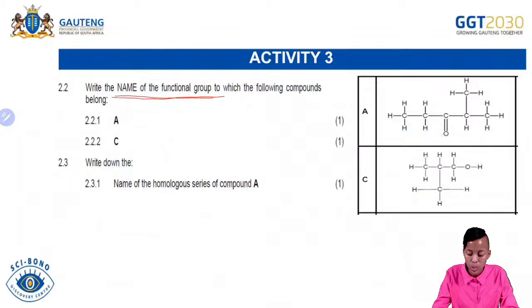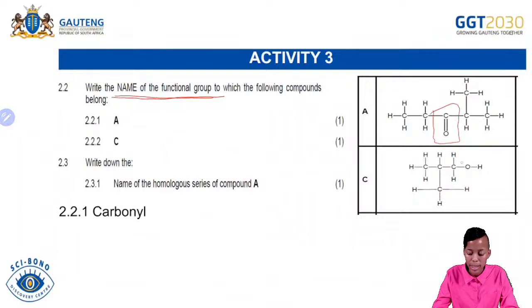Okay, so again you need to have a look at the structures. So what is it that we see there on compound A? We see a C double bond O, and it's in between two carbons there. So it means that this must be a ketone. So because it's a ketone, therefore the name will be carbonyl, right?